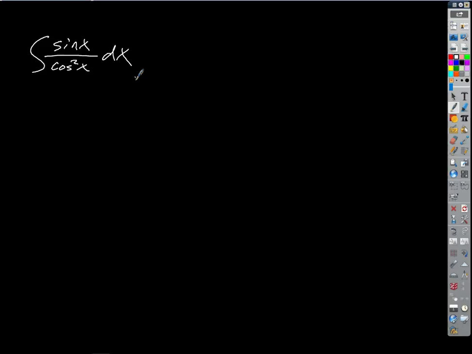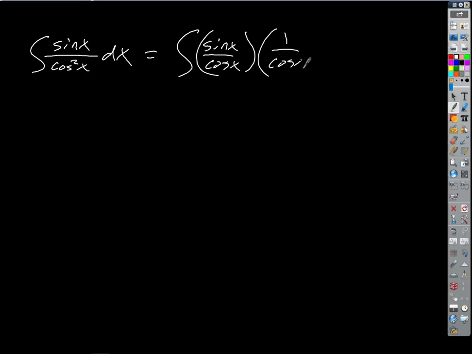So one thing we could do is break this apart into something like this, right? We could say integral of, for example, sine x over cosine x, slightly different from what you're saying, but same idea, right? Times 1 over cosine x dx, right?